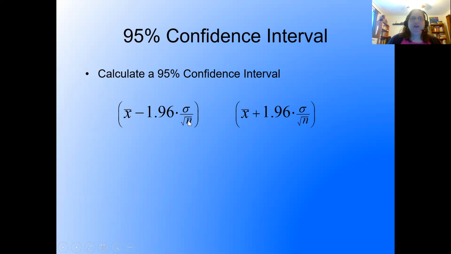Okay, so we've done our square root, we've done our division. Next step is to do our multiplication. So we'll multiply by 1.96. Remember, that's the number for a 95% confidence interval, because that leaves 2.5% on each side. The number would be different if we were talking about a 99% confidence interval.